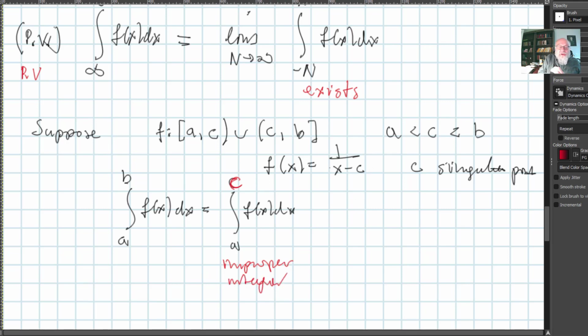There is no value at the endpoint. And then you have another one, again improper, from the singularity to b, of f of x dx.